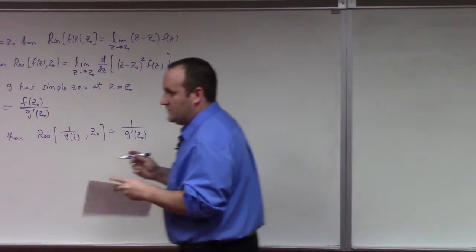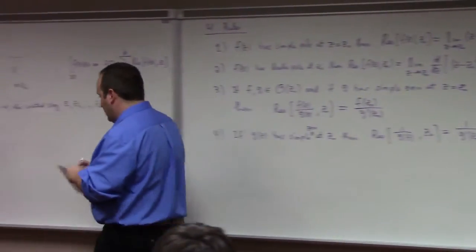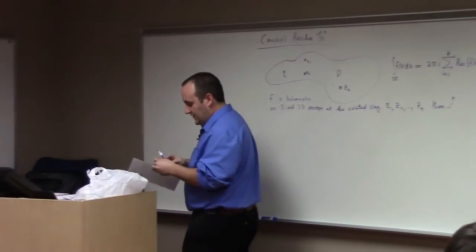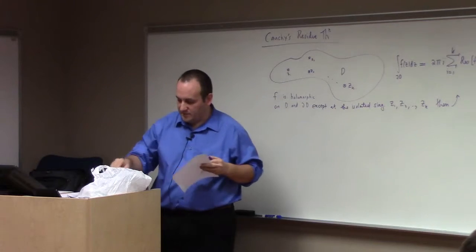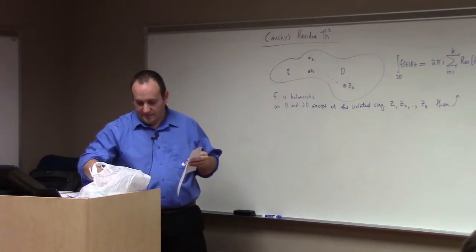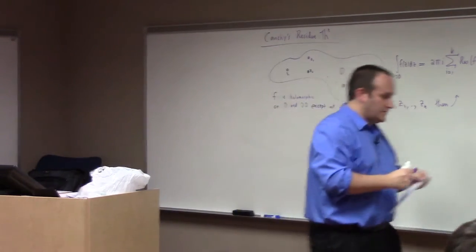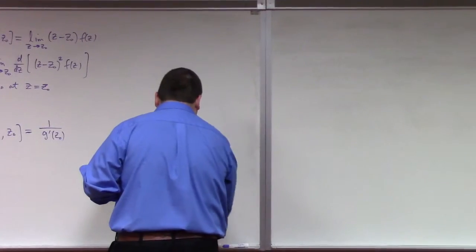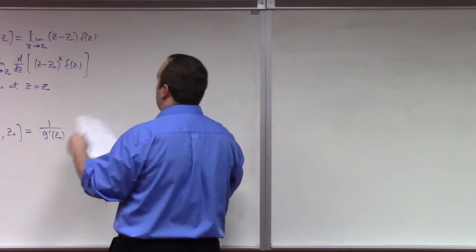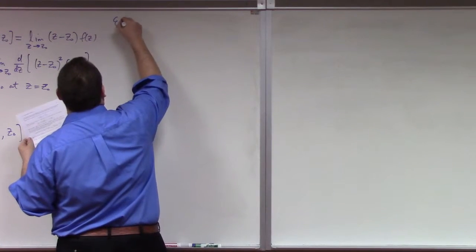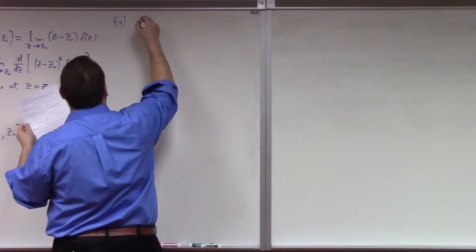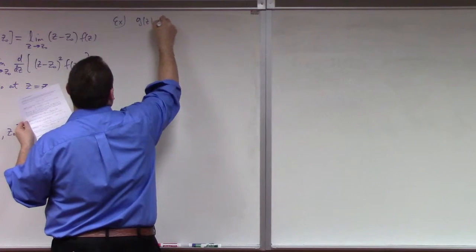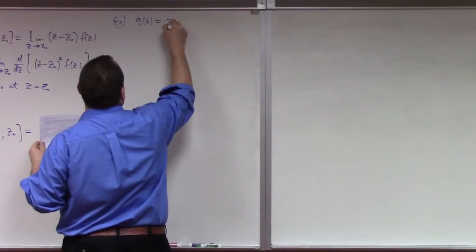Part of the point of these examples is just to showcase the simplicity of these rules. We have done this first example with partial fractions before, and it was not as simple as what I'm about to show you. What I'm about to show you is just maddeningly simple. I can't emphasize enough how easy this is. So suppose you have g of z equals z squared plus 1.